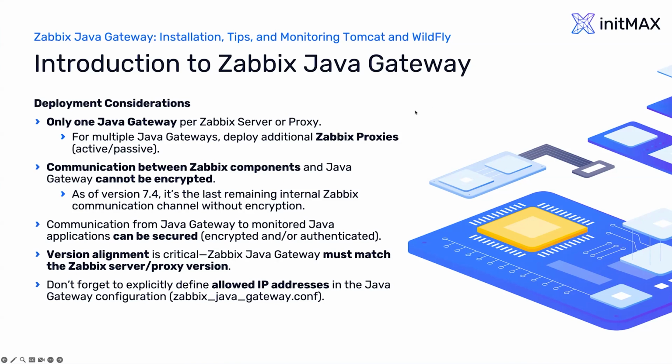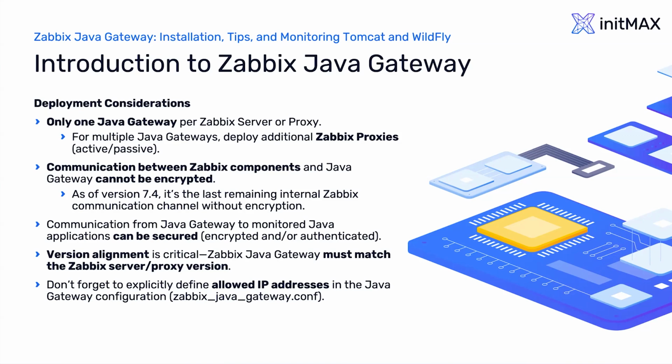Communication between Zabbix components and Java Gateway cannot be encrypted. That's still the last component of Zabbix which does not support encryption at all. But communication from Java Gateway to the monitored Java application, for example between Tomcat and a Java Gateway, can be encrypted, or you can also use authentication like a username and password to do the monitoring.